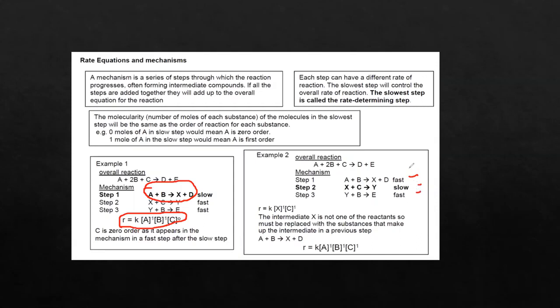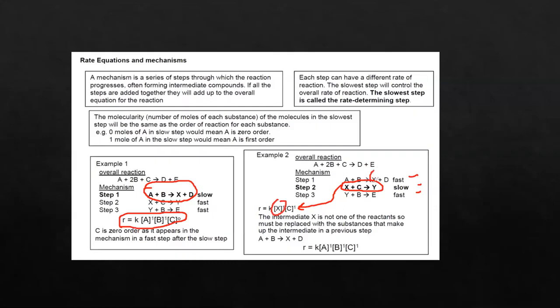So what is the order of this reaction? The rate determining step is the slow one, the second step. So with respect to the slow step, if I write the rate equation, rate is equal to k times concentration of X and concentration of C. And what is X?